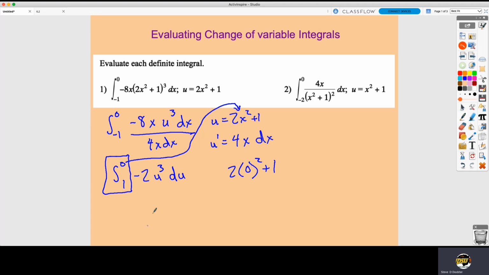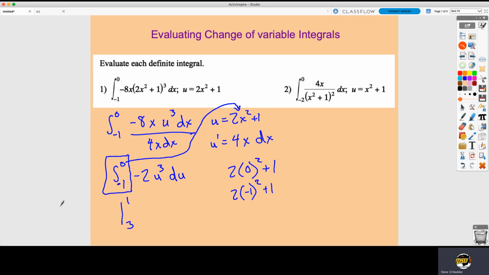So when we're actually evaluating this integral, instead of a 0 being on top, we're going to have a 1 on the top. Then we're also going to put a -1 into that. So 2 times -1 squared plus 1. Looks like we should get a 3 there.